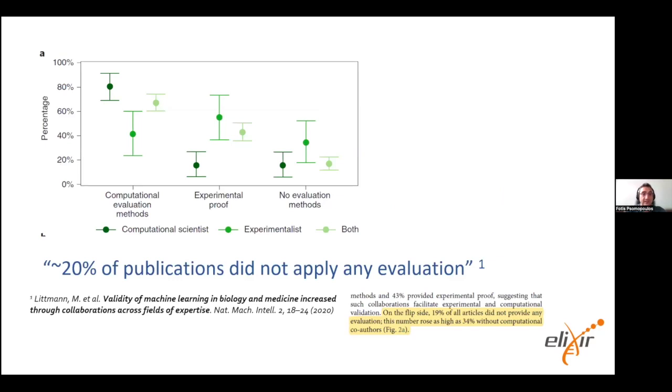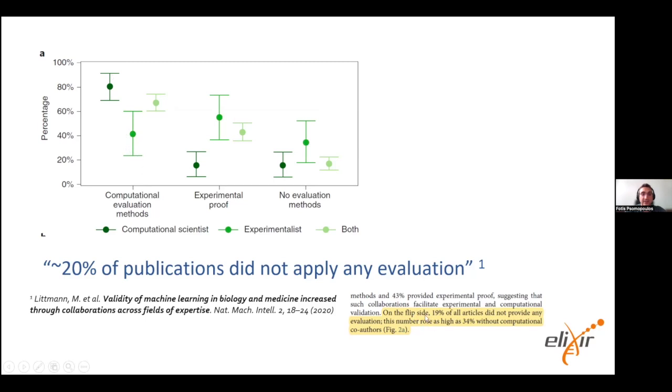However, there is a key challenge. This challenge was identified in 2020, and essentially they analysed a lot of publications, and a lot of them did not have any validation. On average, it's 20%, and you can see from the distribution here that there are different kinds of splits.